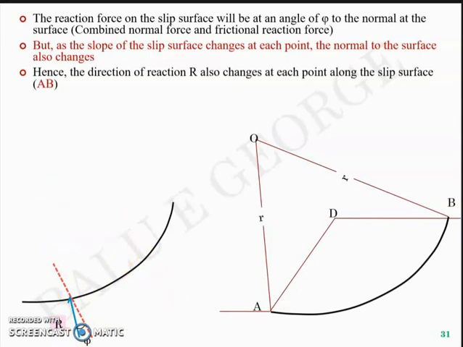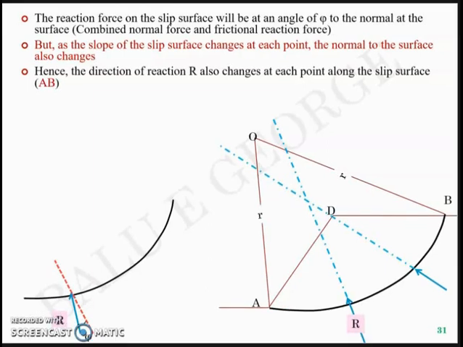Likewise, each and every point changes its direction along the arc, and the normal changes its direction, and hence reaction R also changes direction. Like this, you have an R there, you have another R here. Hence, you can have as many reaction forces as the number of points you consider along the arc.